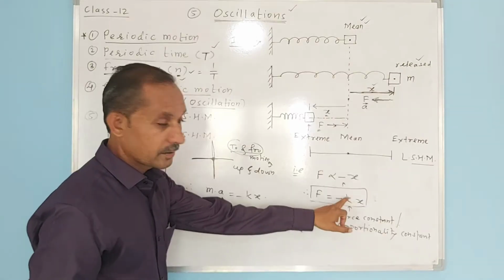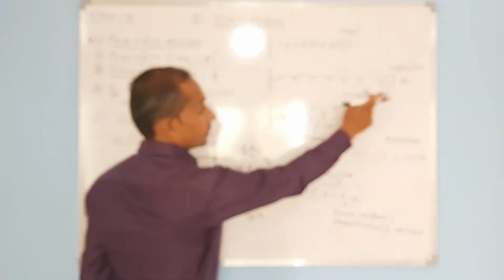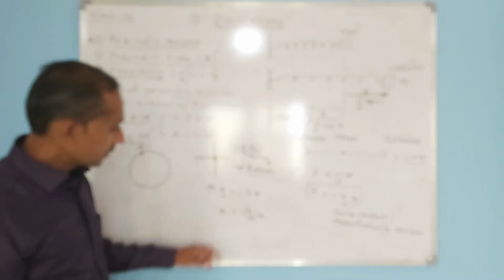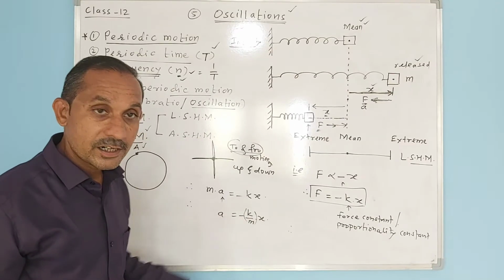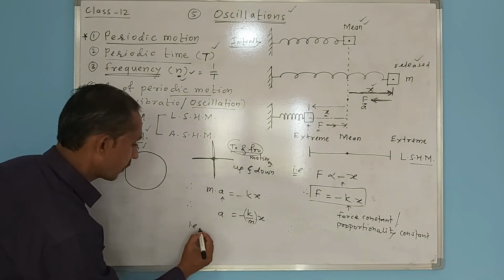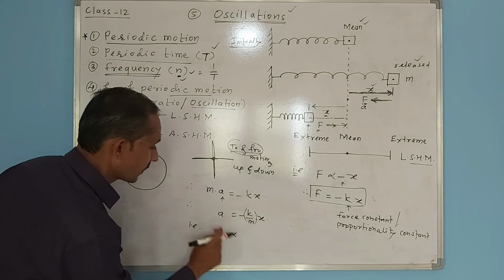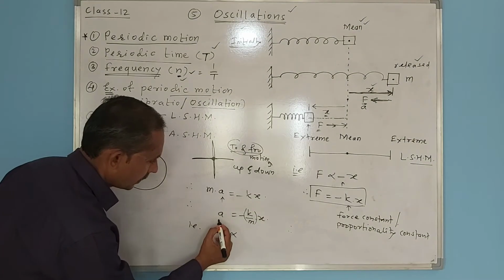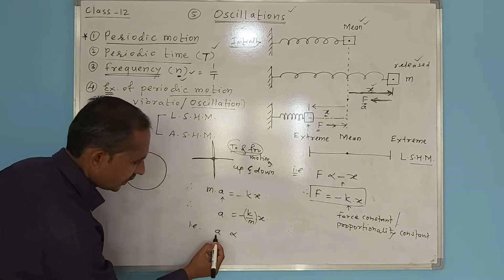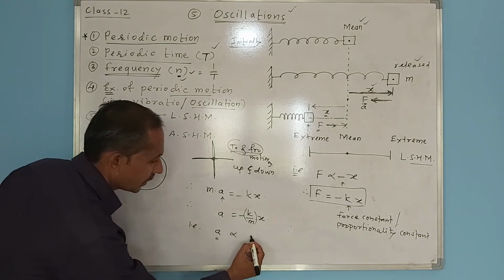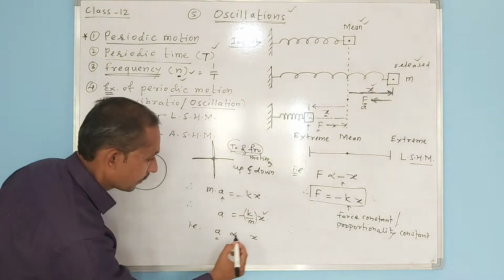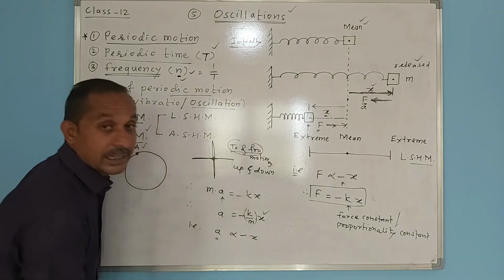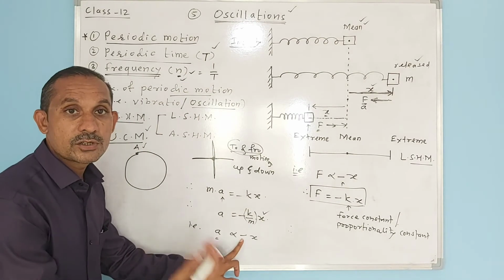K is constant, mass of the body is also constant, so the ratio will be constant. So therefore, acceleration depends only on the displacement, with the negative sign meaning opposite direction.